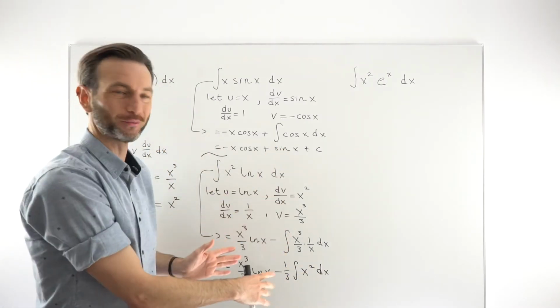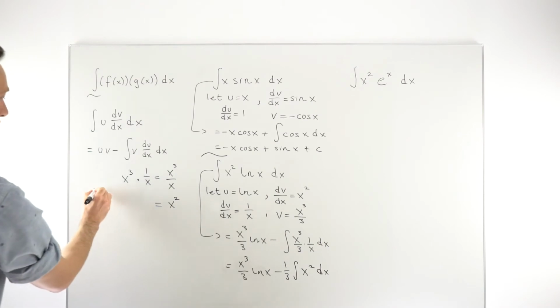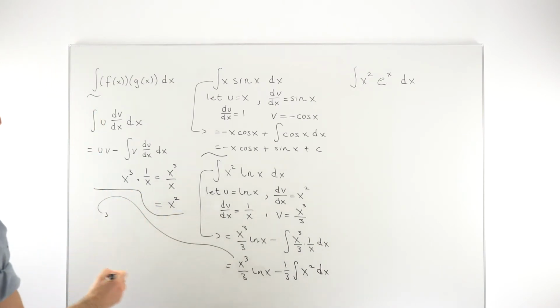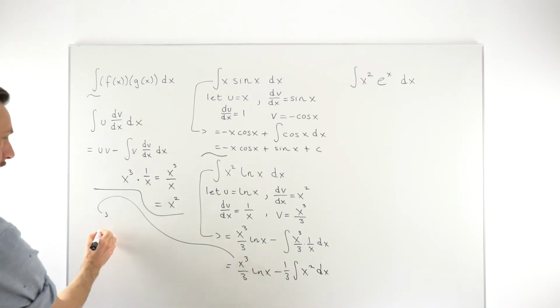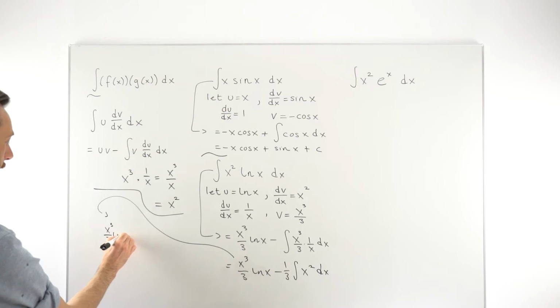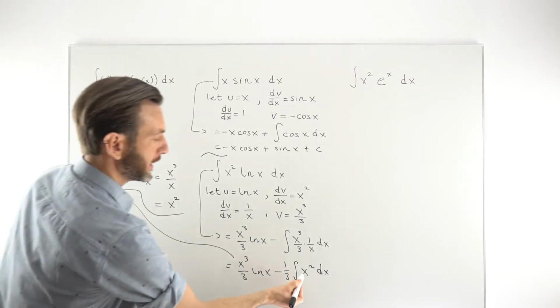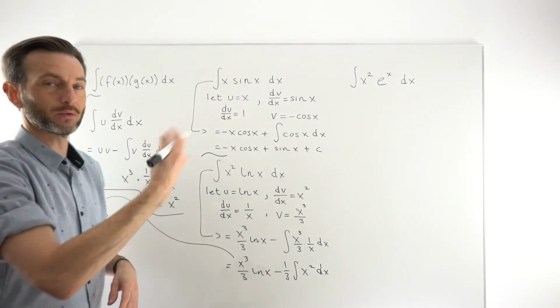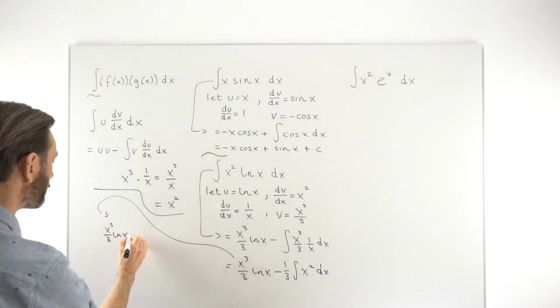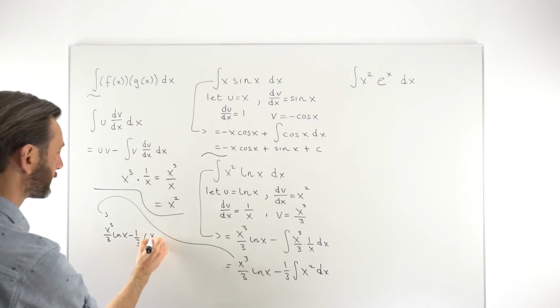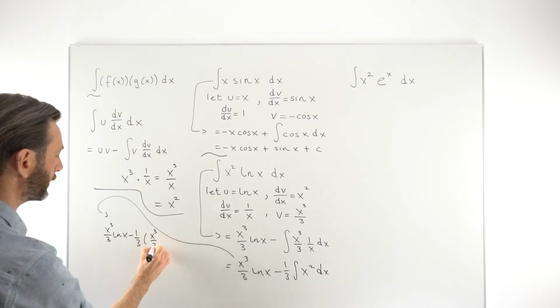I'm running out of board space here, so I'm going to pull this over here and make some space. The first term stays the same, so we get x cubed over 3 times ln x. X squared, integrated, we increase the power by 1, divided by the new power, just using the power rule, so it's going to be 1/3 times x to the power of 3 over 3.